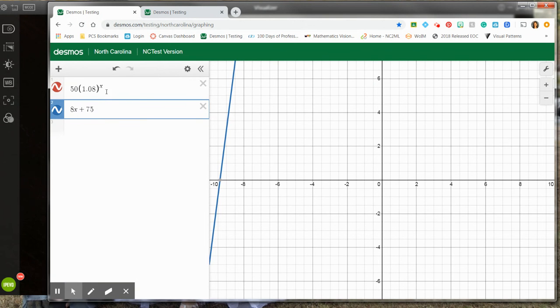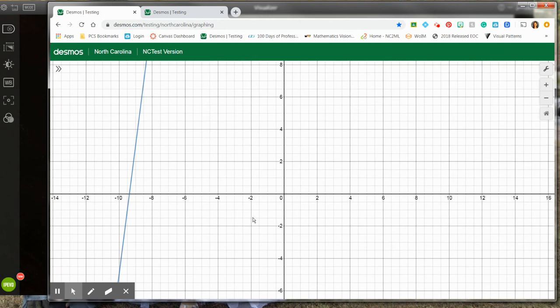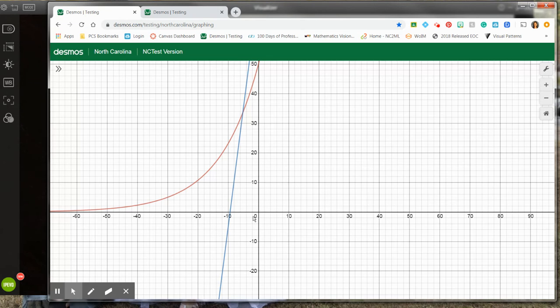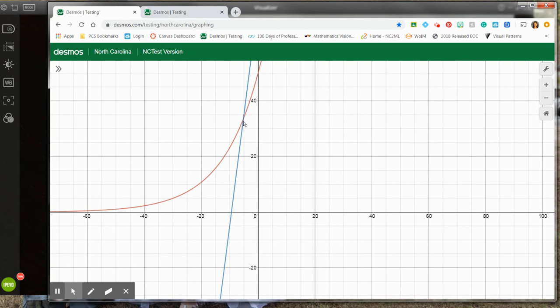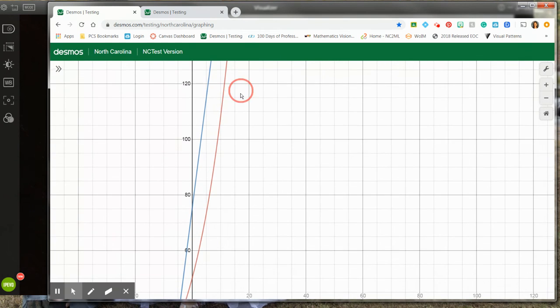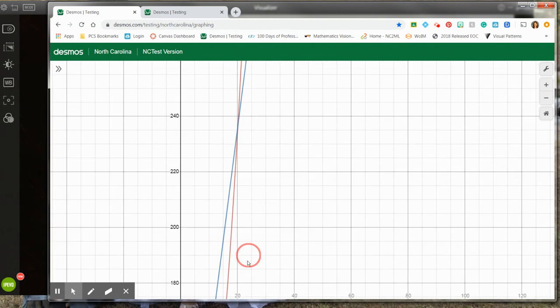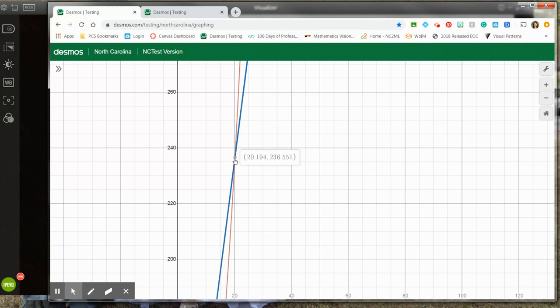So I have these 2 graphed already here. Again, this is one of those scenarios that I can't see what's going on. Now I found an intersection point here. This is negative 5.18. But my X value represents weeks. It will not make sense for me to give a negative solution because I can't have negative weeks. So that's when I need to click and drag and move my Desmos graph to the positive solution. Now it said approximately.